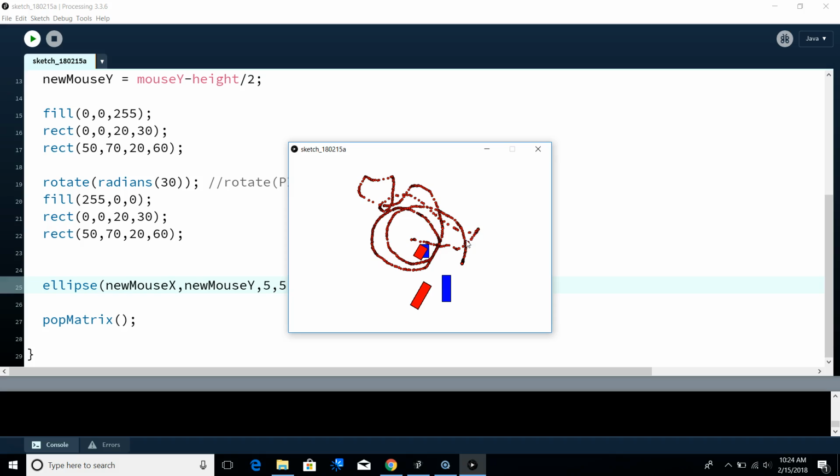Right? Because the new mouse X and the new mouse Y variables I made were based on the regular coordinate system translated to width over 2, comma height over 2. So you would need to figure out a way with trigonometry to lead this thing by 30 degrees and then redeclare new mouse X and new mouse Y. You could do that.